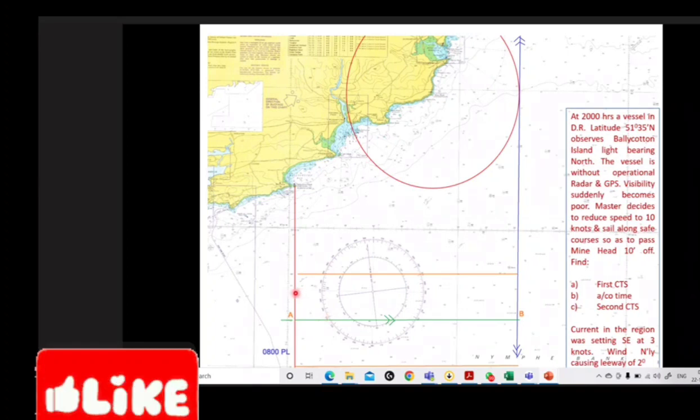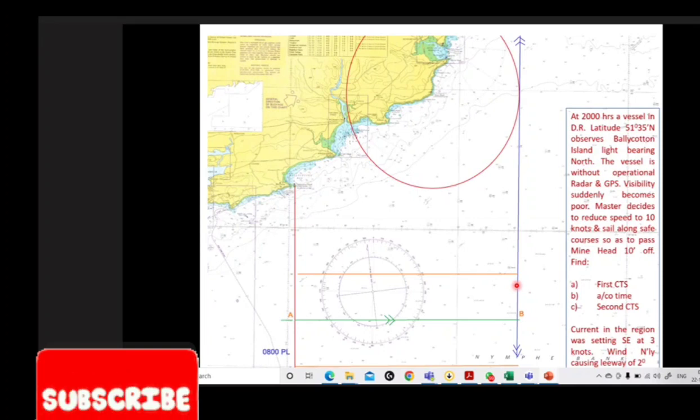Never mind. As long as the ship makes good a course parallel to the green course, she will make good this track and she will still reach the PL in the same time. Only the point where it hits the transferred PL will change. Instead of B, she will join this PL at this point. Correct?